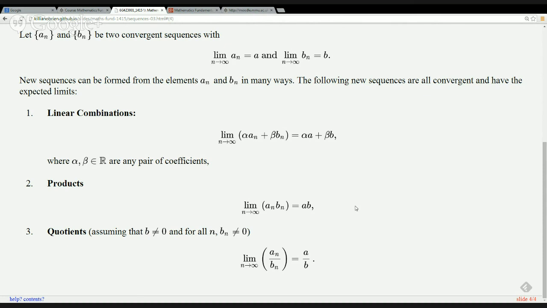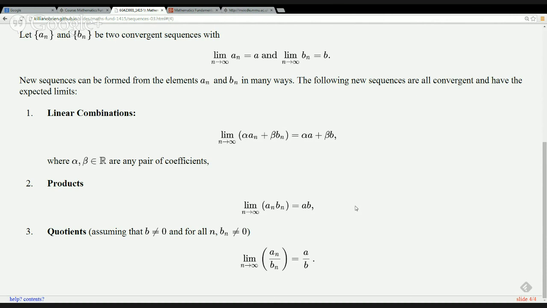But this statement, well, I've still got the limit as n goes to infinity of a_n times b_n. That's what I'm trying to find out the value of. But I know what the limit of b_n is. That's just b. And here I've got b times the limit of a_n. Well, the limit of a_n is a. And I've got plus ab at the end. So I've got minus ab plus ab.